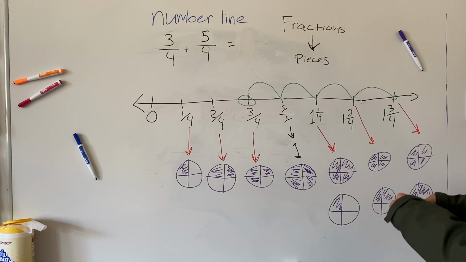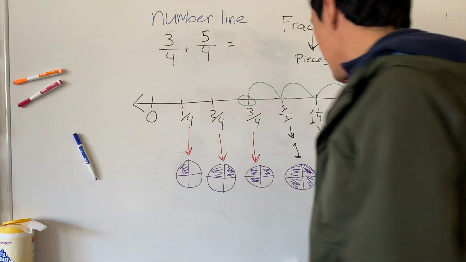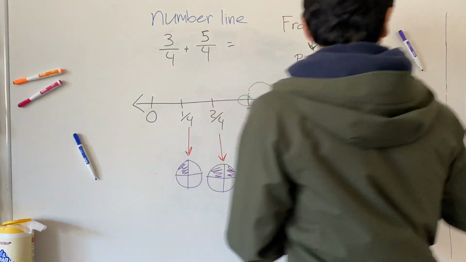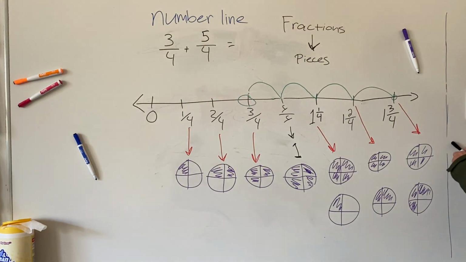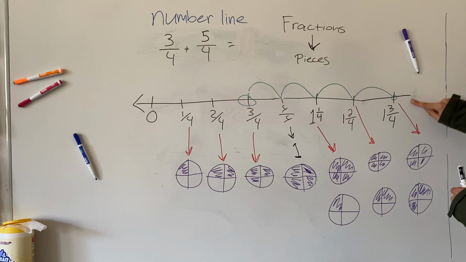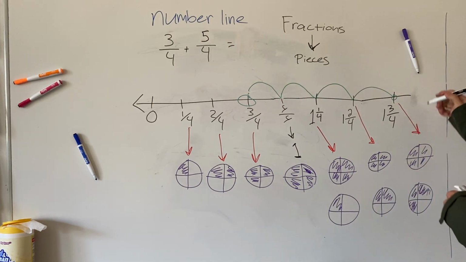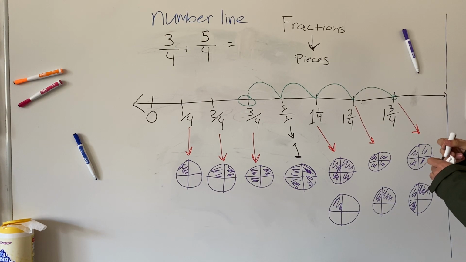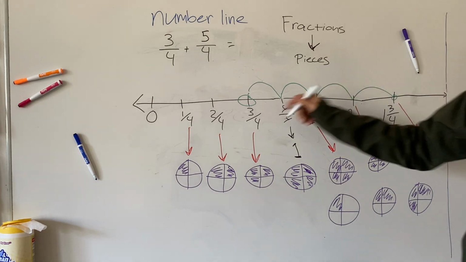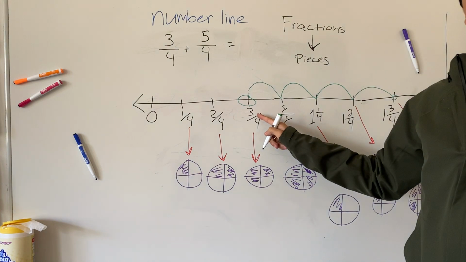So what I'm gonna do actually is I'm gonna make another number line. Or actually I'm gonna try to squeeze it in here, okay? Because now again, we're adding 5/4. So we start off with 3/4 and then we're gonna add 5.